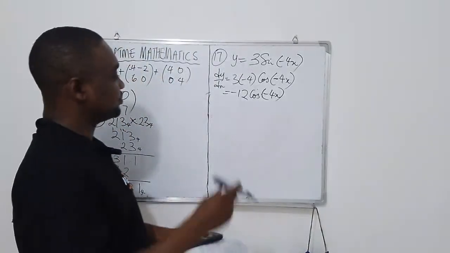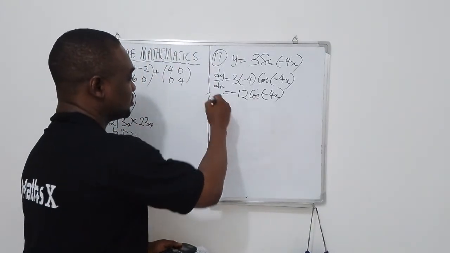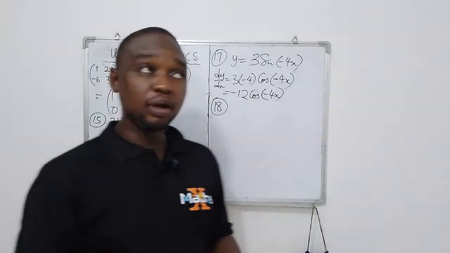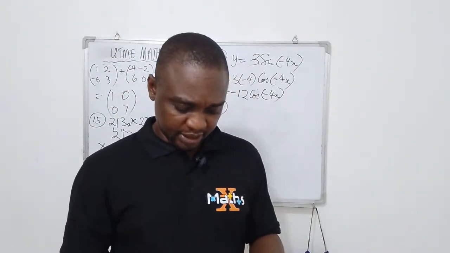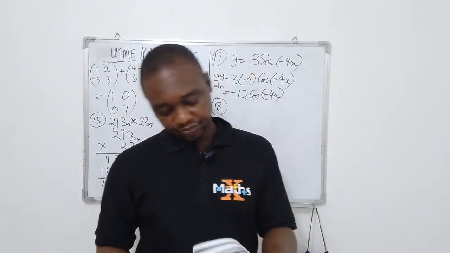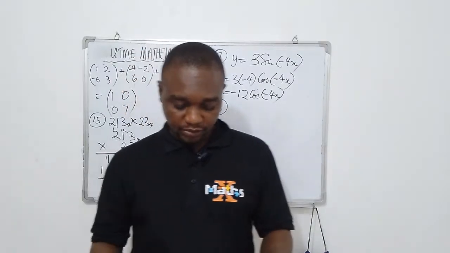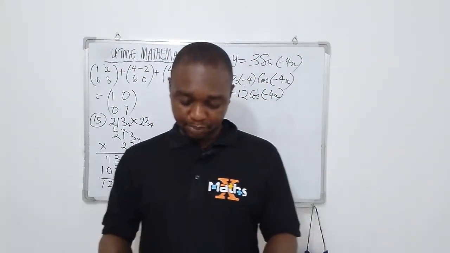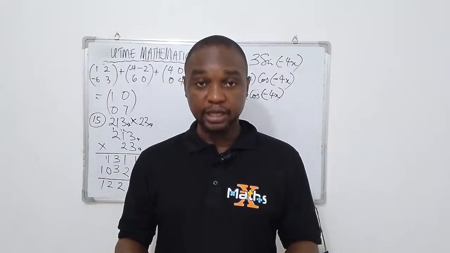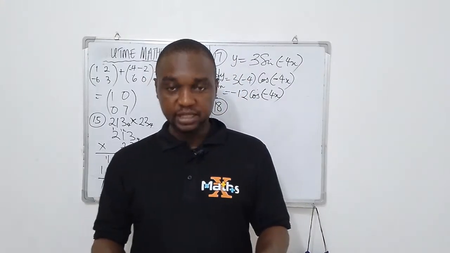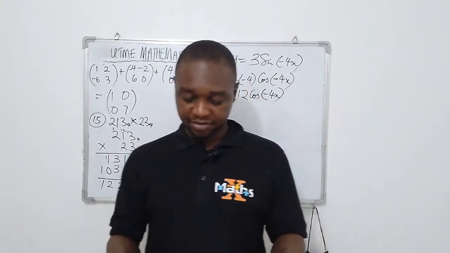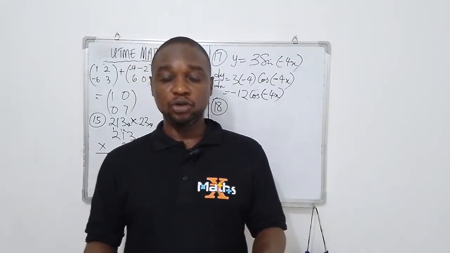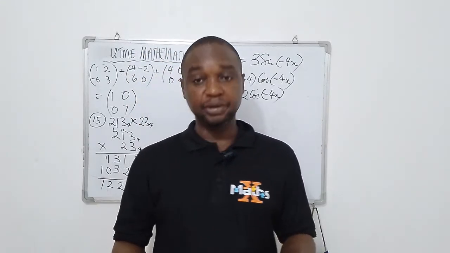Number 18. For number 18, it says here, find the midpoint of the line joining P with coordinates -3, 5 and Q with coordinates 5, -3.